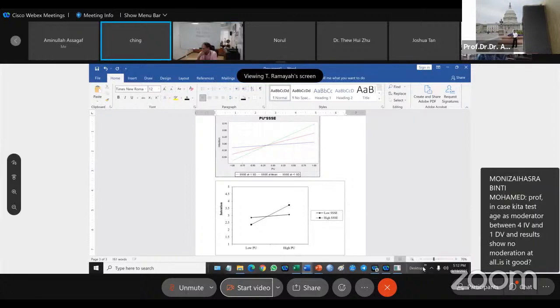Yes, continuous. Then it's okay, that can be single item in that kind of situation. But we can also have multiple items measuring a construct if they are behavioral studies, right? Okay. Yeah, thank you.